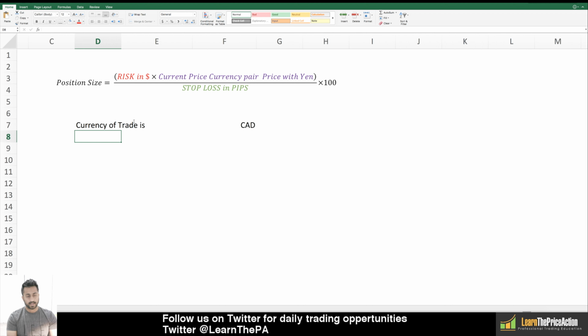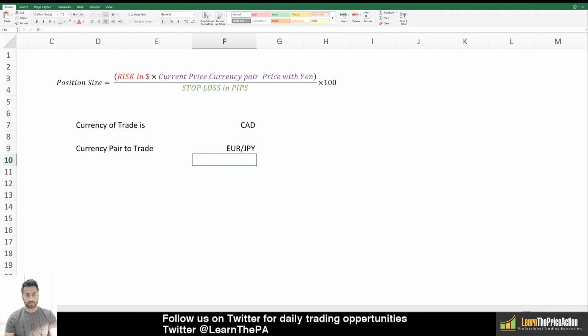And let's say the currency pair you want to trade is, say, euro yen. You went to the computer and found that you want to trade euro yen.